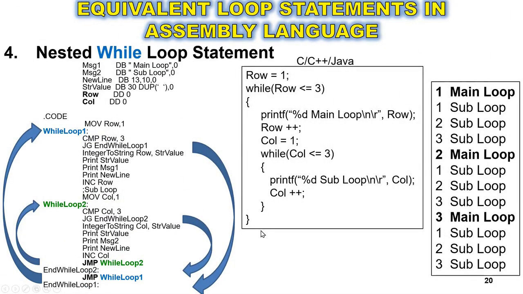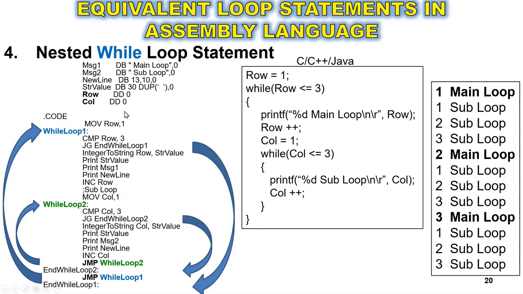Let us learn how to set up a nested while loop statement in assembly language. The way I set up the assembly code is by first writing a sample while loop in C, C++, Java, and then converting it into assembly language. First and foremost, I declared some memory variables to be used in our nested while loop statement.